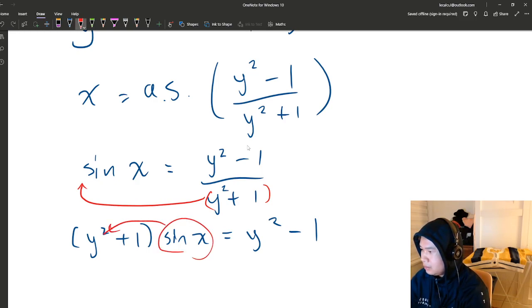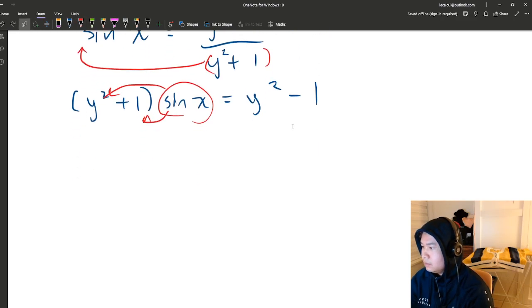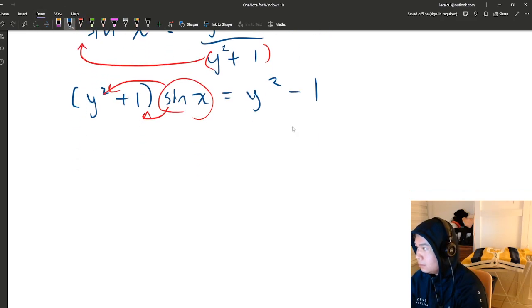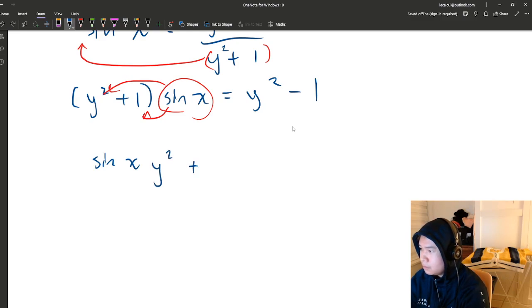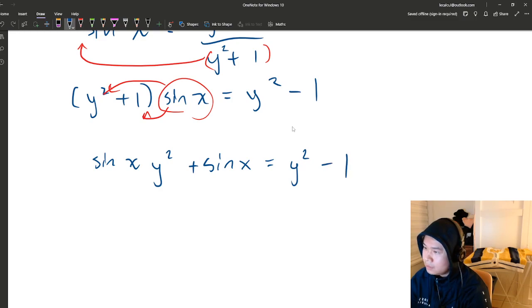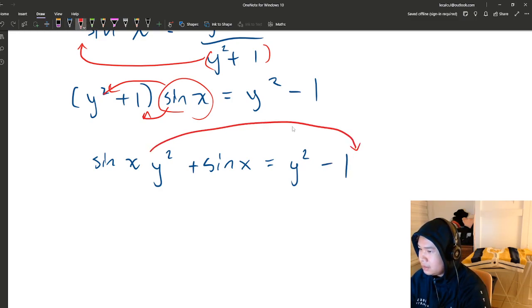Distribute this in. And then collect your y terms to one side.